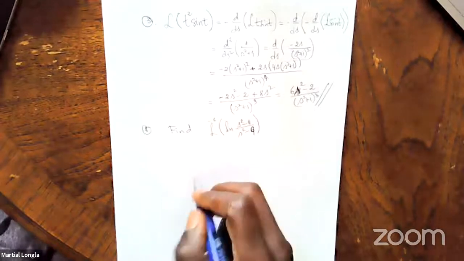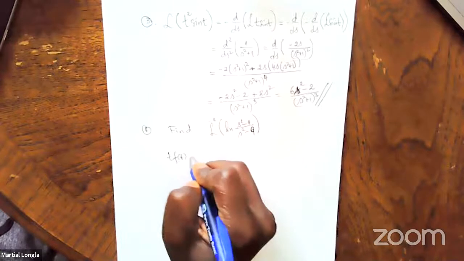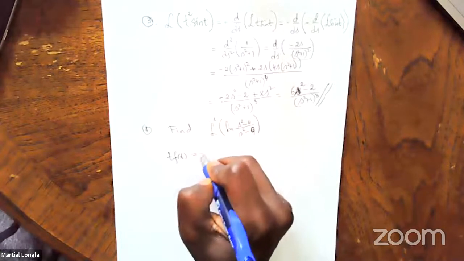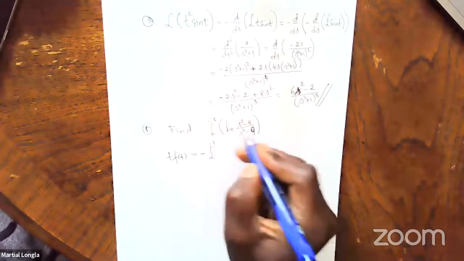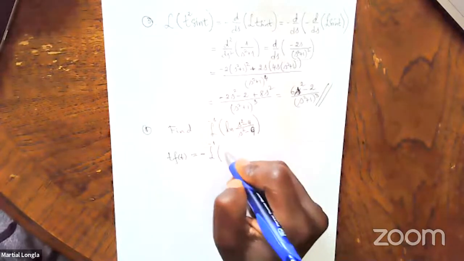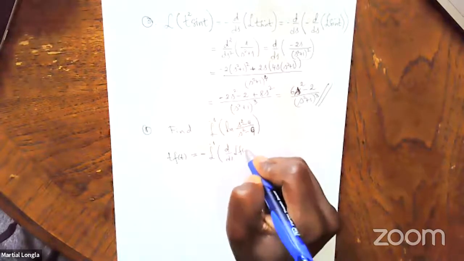Like we said, t f of t equals negative inverse Laplace transform of d over ds Laplace transform of f of t.